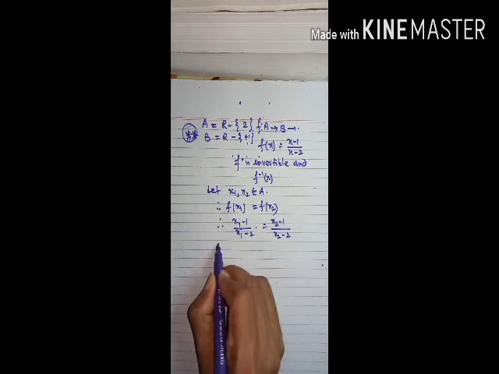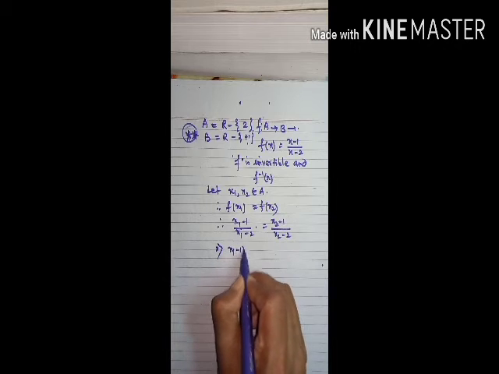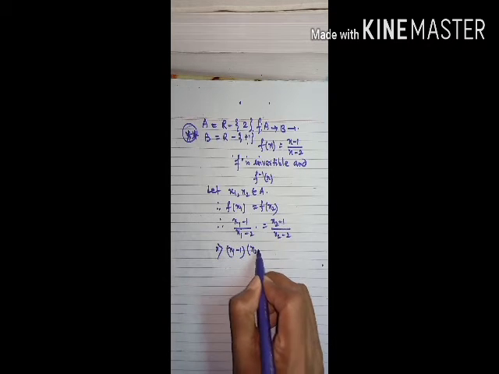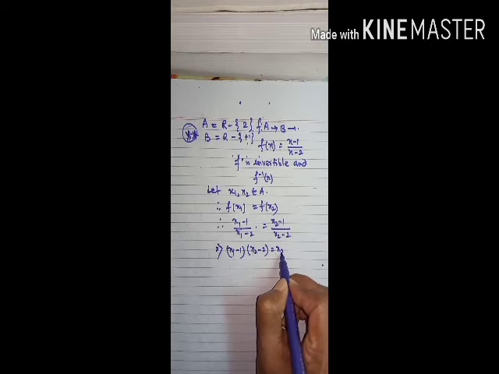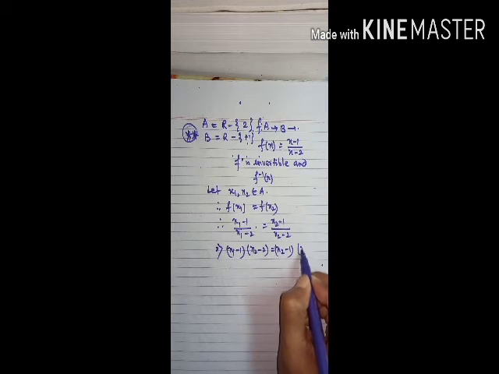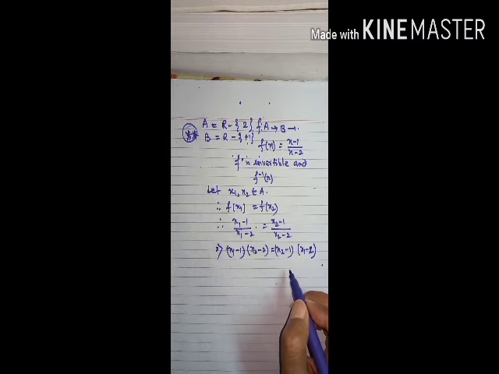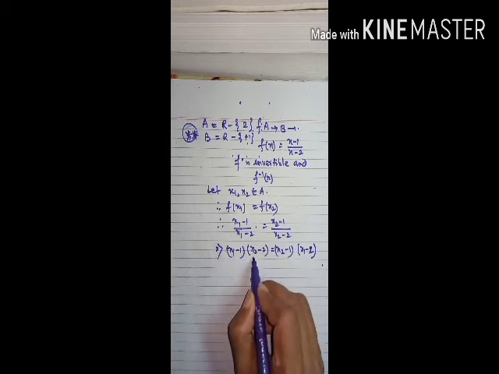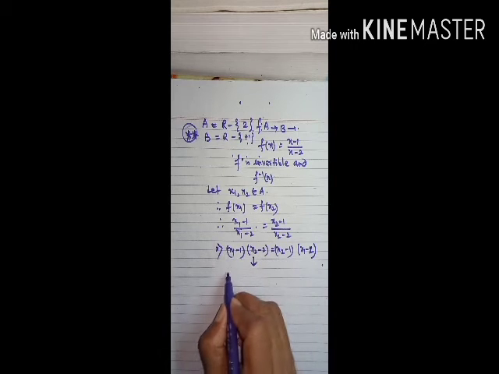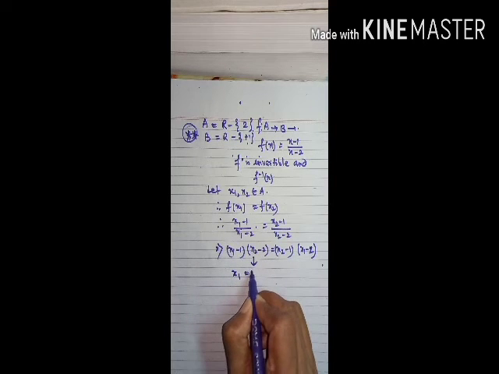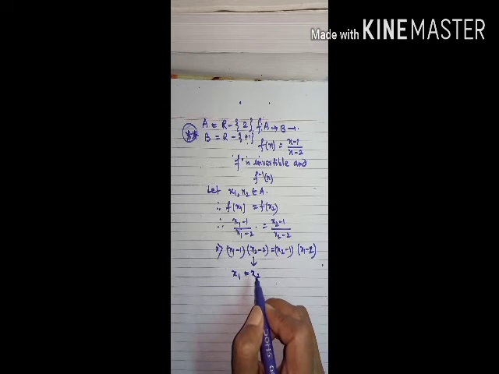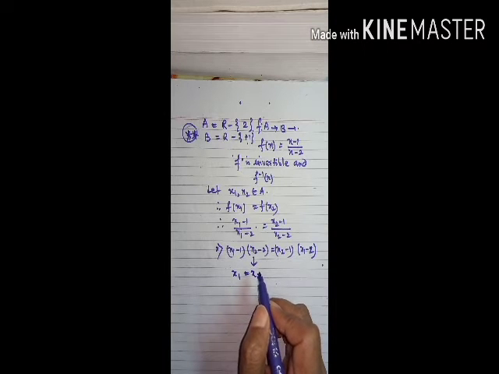You have to cross multiply it. (x1 minus 1) into (x2 minus 2) equal to (x2 minus 1) into (x1 minus 2). Then you multiply it, and you will get x1 equal to x2.